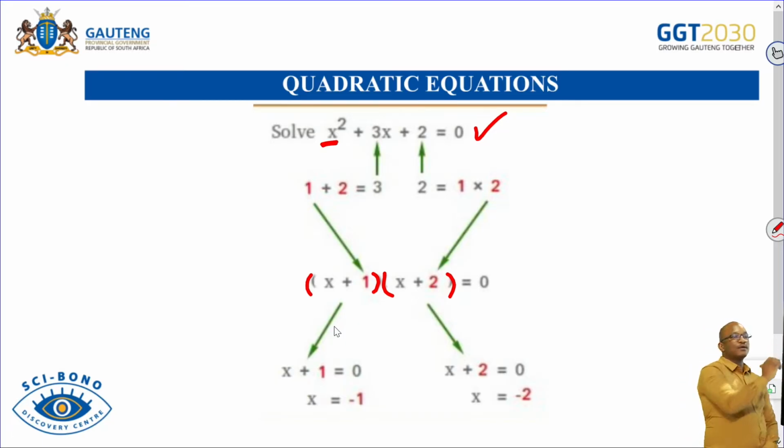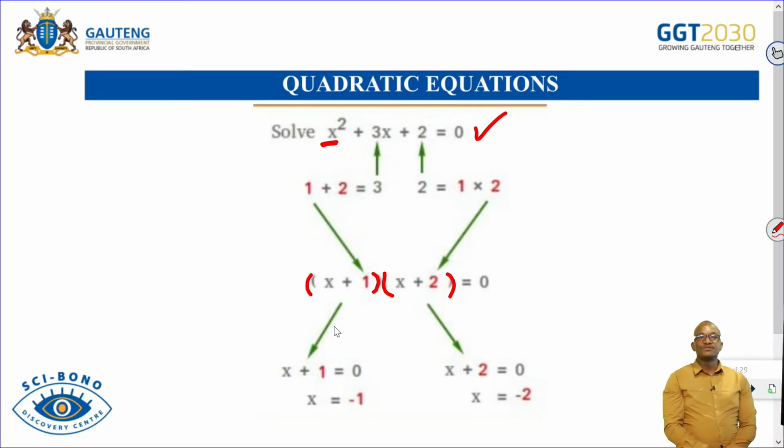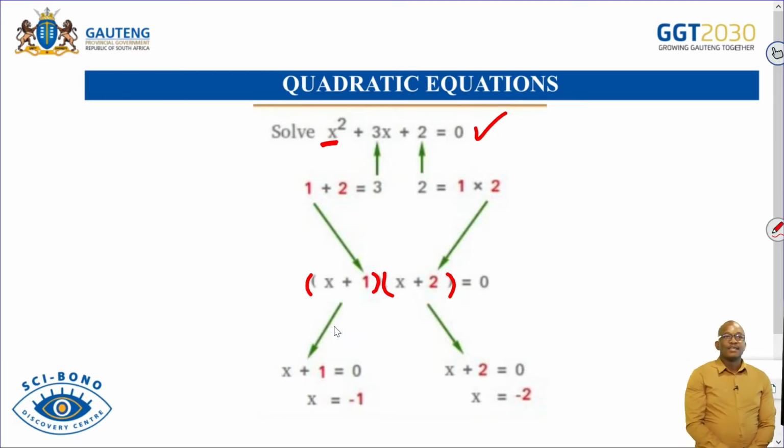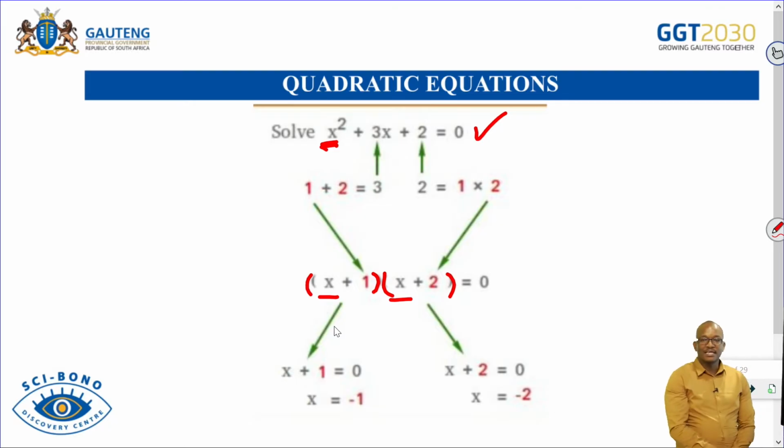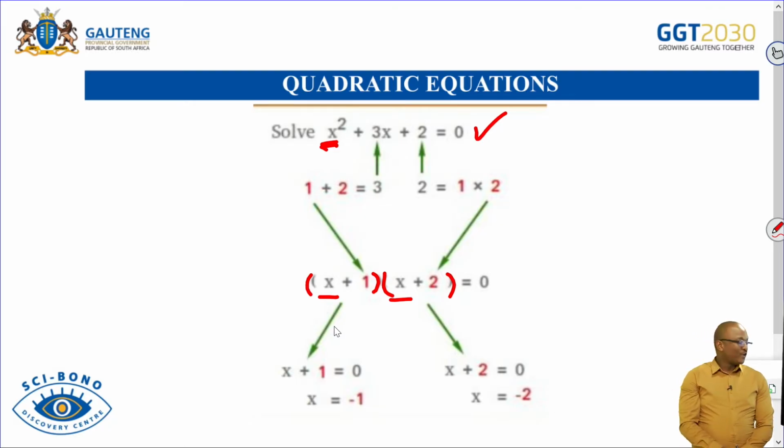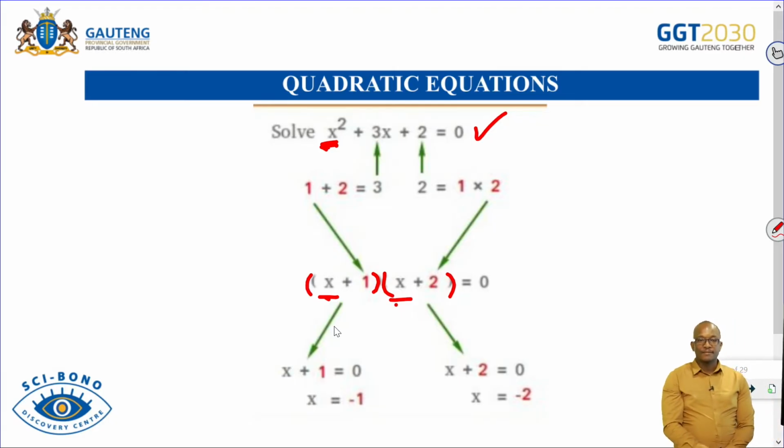Your leading term, which is x squared, tells us that our solutions must have 2 x values. As you factorize, you know that the leading term will be shared into two brackets, x and x, knowing very well that when we multiply them, they take us back to x squared.